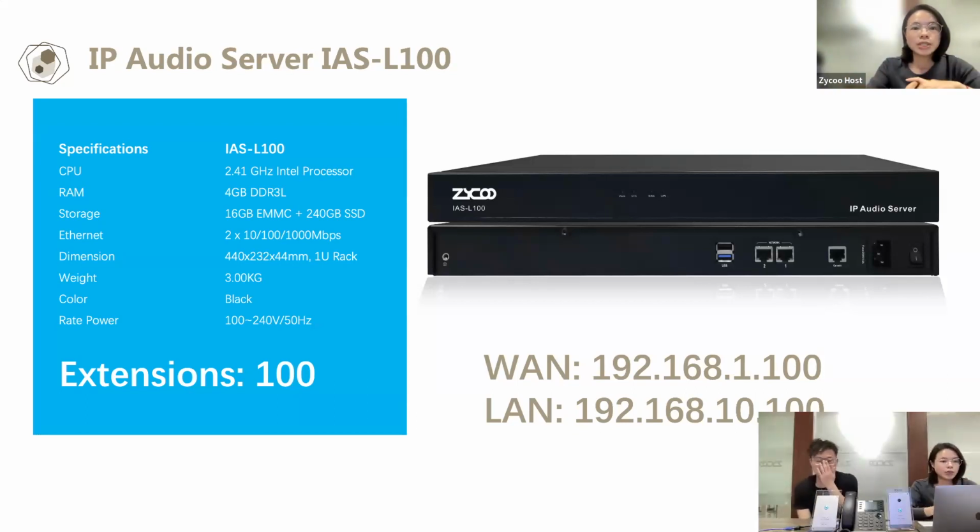And for the default IP address on these servers, the WAN line defaults to 1.100 and the LAN line is 10.100. So the recommended setup procedure is to connect the ISL100 directly to your computer. And then when you are able to access the ISL100, you change the IP address of the server to your LAN to match your network.